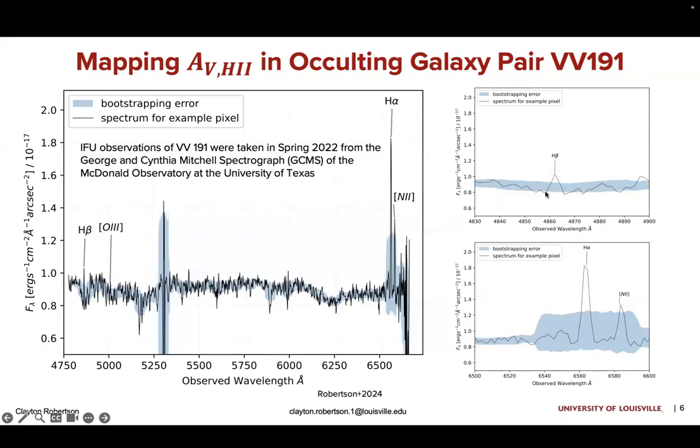In blue is the bootstrapping error, made from the mean and standard deviation of a 30-pixel window centered around the highlighted pixel right here. So basically I take an average of 30 pixels around it and see how much these emission lines differ, and you can see where the emission lines are larger than the bootstrap error. But the absorption surrounding the H beta emission line is important because it comes from stars themselves.